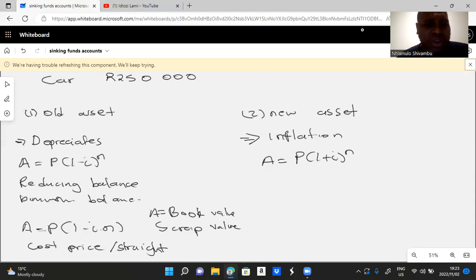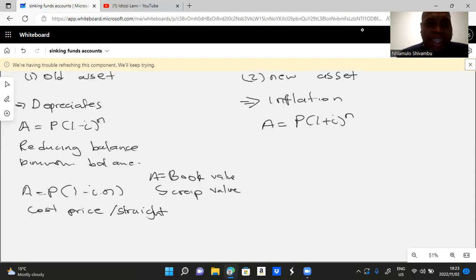Of inflation. So that's what we need to first know in the sinking fund account. The second thing that you must know in the sinking fund account is that when the company wants to buy the new car, usually what they do, they trade in the old asset, right?